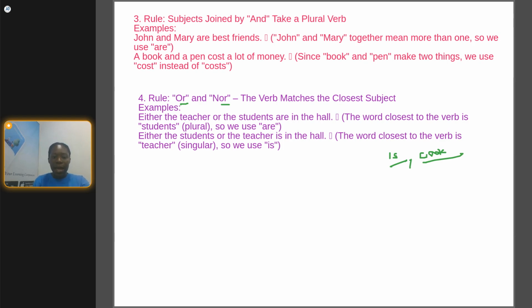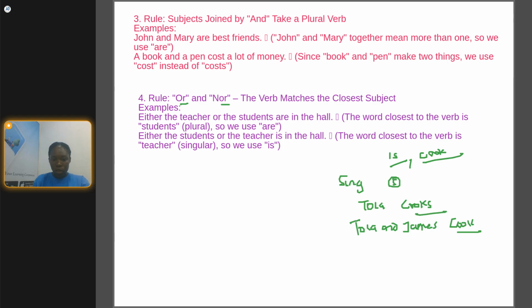And remember, we said when the subject is singular, your verb needs to carry an S. Okay, so you can say Tola cooks. Now, Tola and James cook.